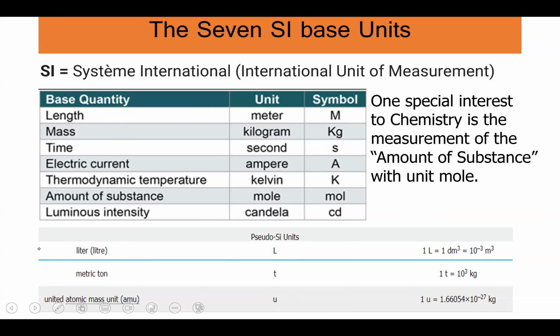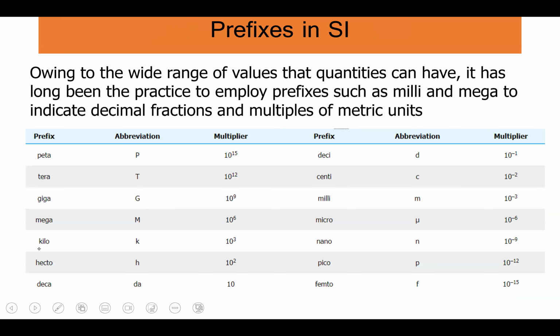So there are also prefixes that we use in the SI system. For example, if you have peta, that represents 10 to the 15. If you have tera, that means 10 to the 12. If you have giga, you have heard about gigabytes, right? You've heard about megabytes. So mega simply means 10 to the 6.